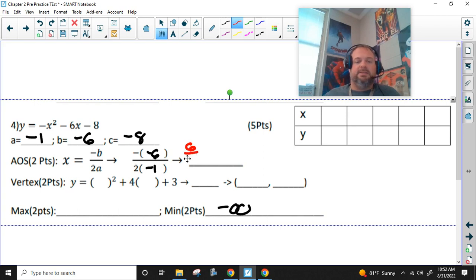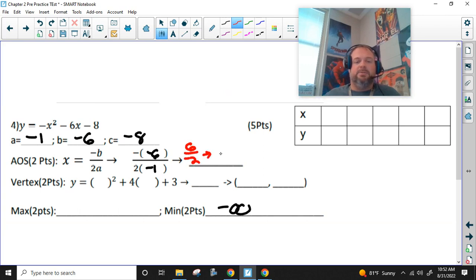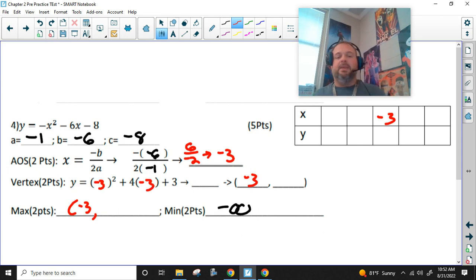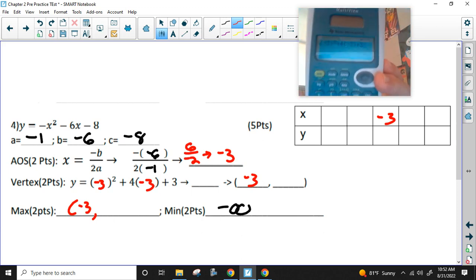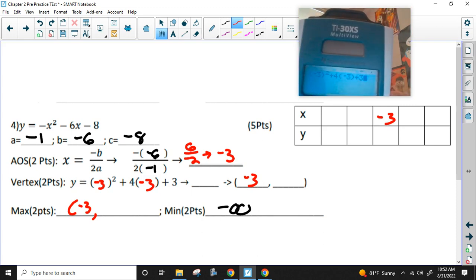This gives me 6, -2, which is -3. -3 goes here, -3, -3. All right. Again, parentheses matter. Okay. That's how we would enter it in.